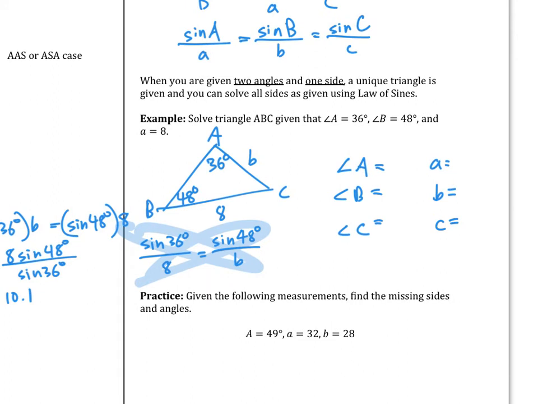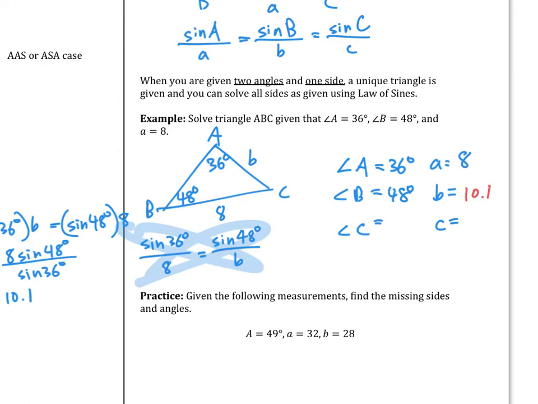All right, so let's fill in everything we know. This is 36, B is 48, side a is 8, and then we just found b to be 10.1. Now we need C. We don't know anything about C. Or can we find out something about C? Well, according to the triangle sum theorem, the interior angles of a triangle must add up to 180 degrees.